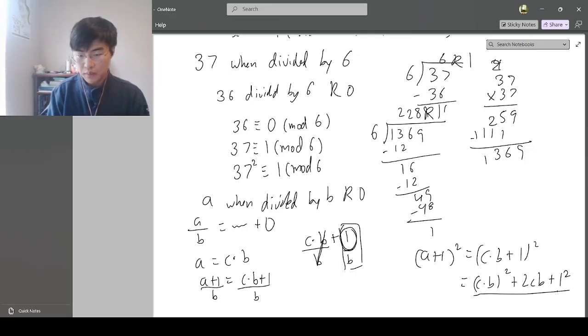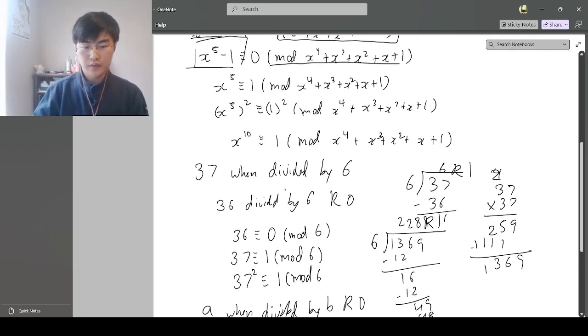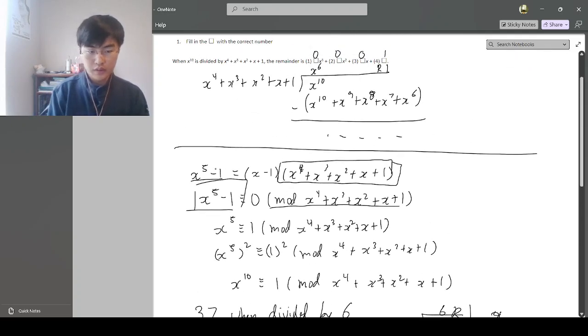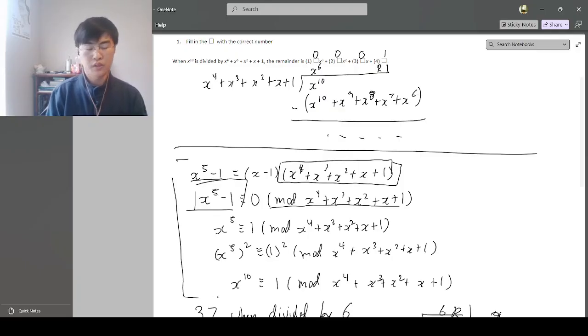And if we divide that by b as well, we can see that this term will have no problems being factored out. This term also has no problem, and then we still have 1 squared, which is just the same as saying 1. So we still have that remainder of 1 even after we square. So that's the reason why we can do everything we did here when talking about it in more arbitrary terms, or in terms that are just easier to understand.